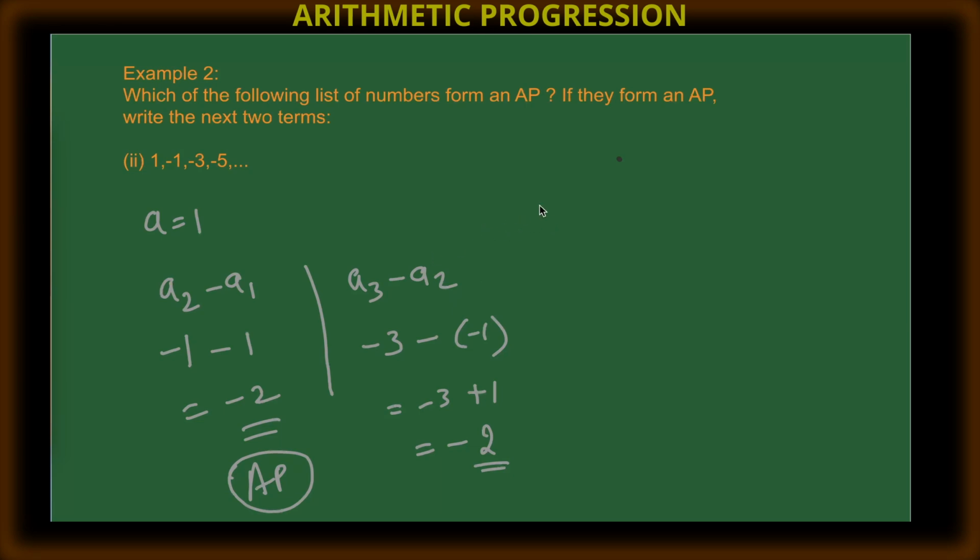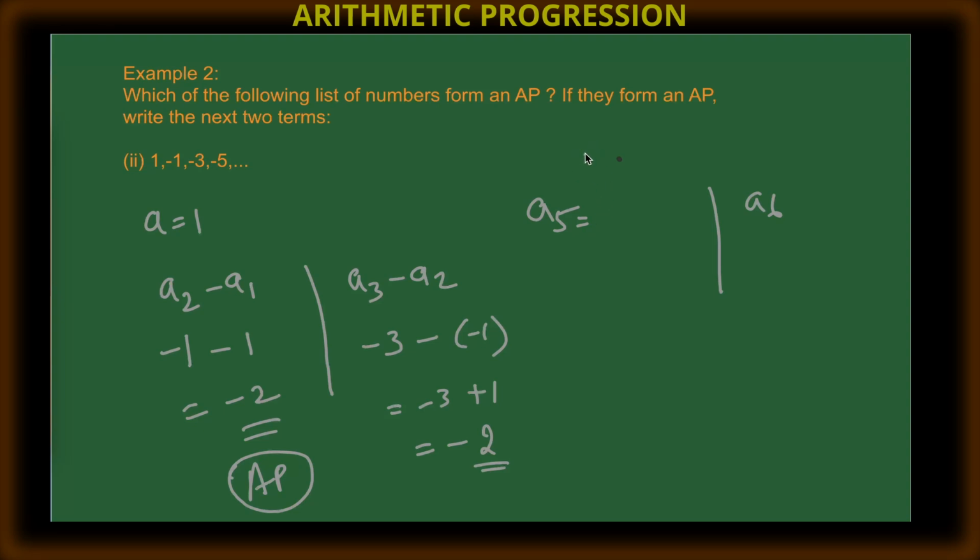Now we need to identify the next two terms. What are the next two terms? 1, 2, 3, 4. The fourth is given, so we need to find the fifth and the sixth one. Okay, so how do we identify? A5. So what is the A?